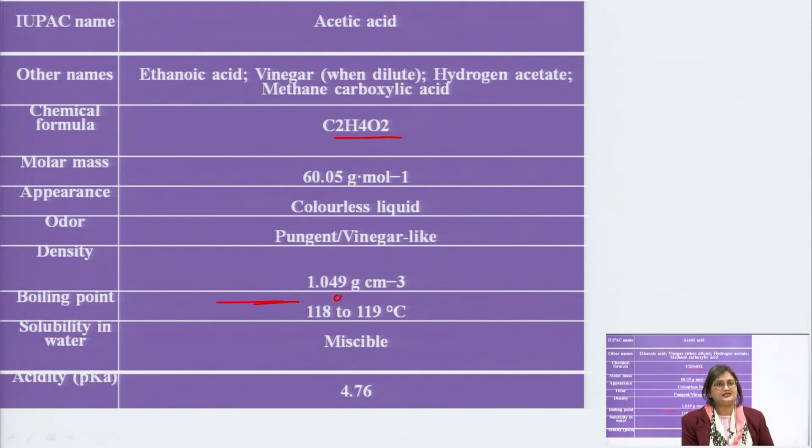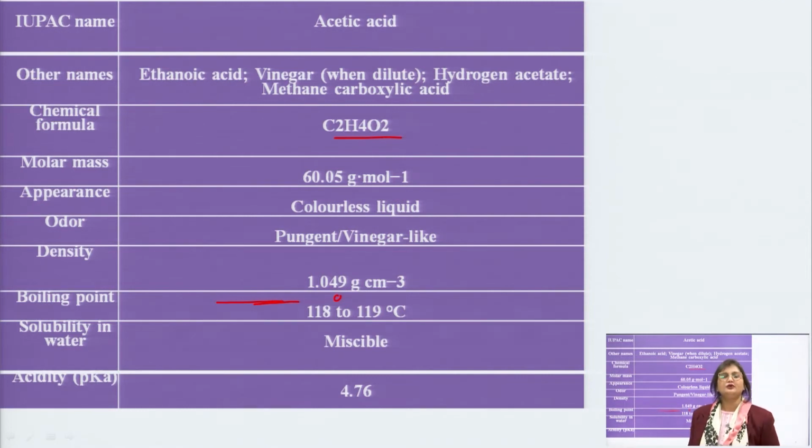It has a density of 1.049 gram per centimeter cube. In terms of solubility in water, acetic acid is thoroughly miscible in water. It has an acidity or pKa value of 4.76.